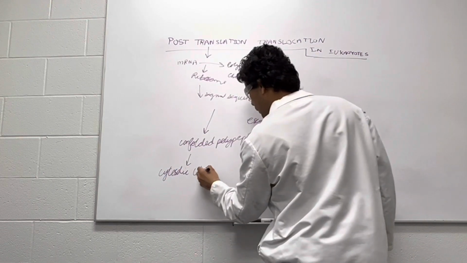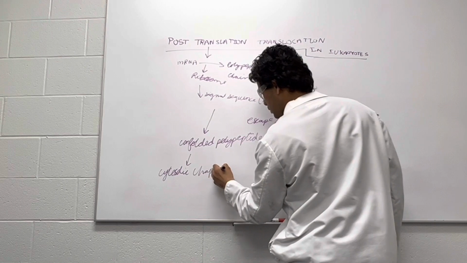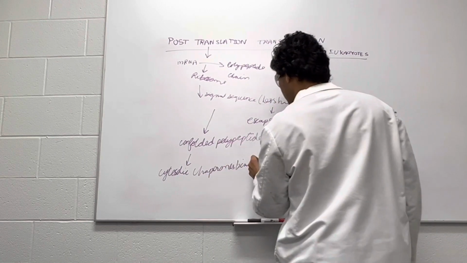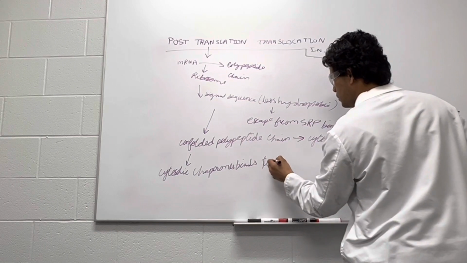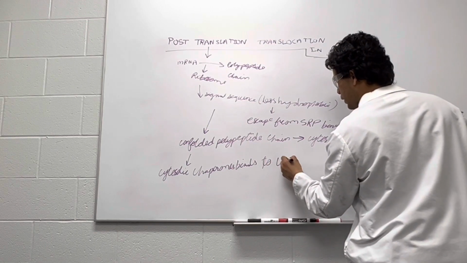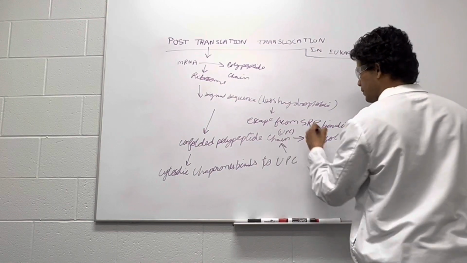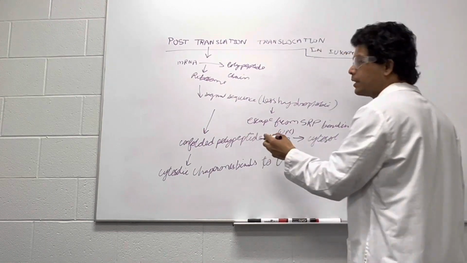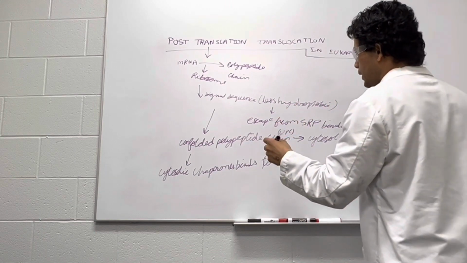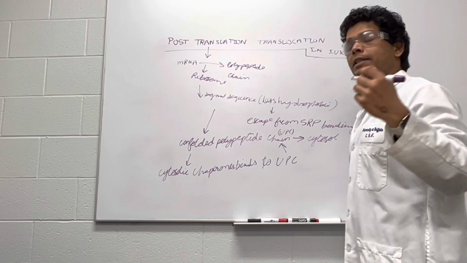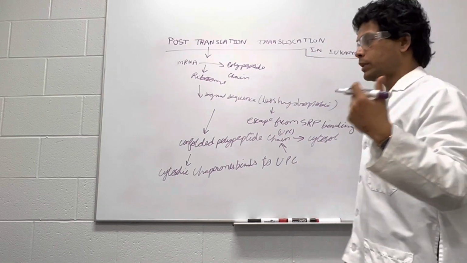Cytosolic chaperones bind to the unfolded polypeptide chain and then help in translocation to the ER membrane, where it interacts not only with SEC61 but also with the SEC62-63 complex.